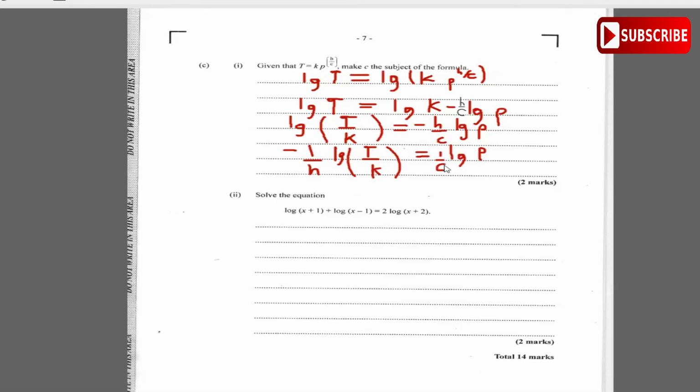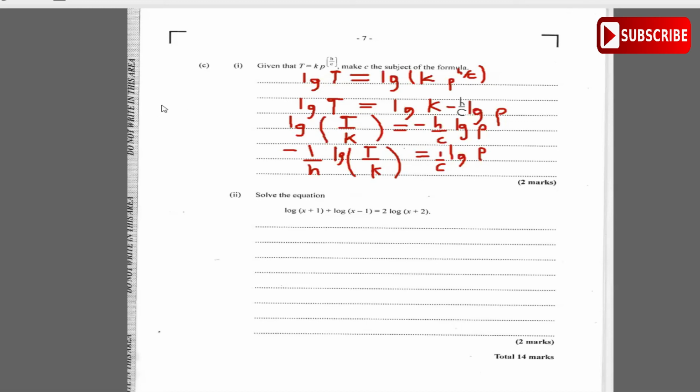So now to make c the subject, you can do it in 2 steps. You divide both sides by log p, and then you flip it. Or what some people just say is cross multiply. You bring the c up here and bring all of this down there.